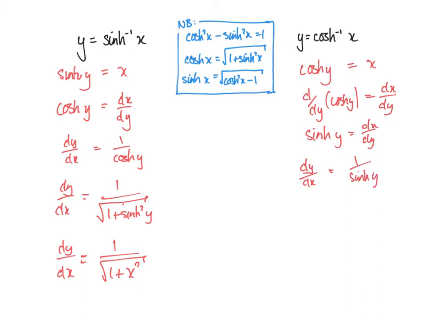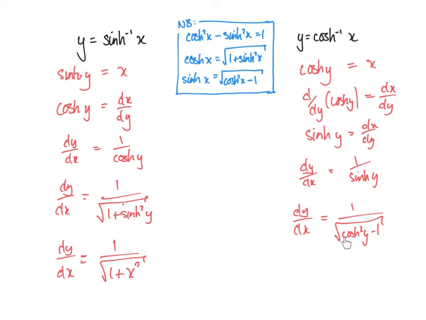Now again, thinking similarly and using our identities here, if cosh squared minus 1 equals sinh squared, then sinh is equal to the square root of cosh squared x minus 1. And so something similar here, we can say dy by dx is equal to 1 over the square root of cosh squared y minus 1. And again, we've set up at the top here that cosh y is just equal to x.